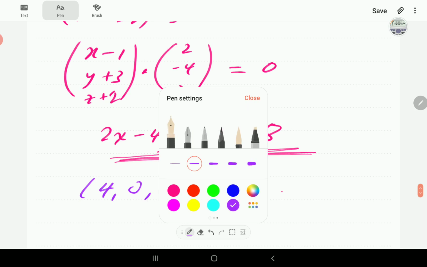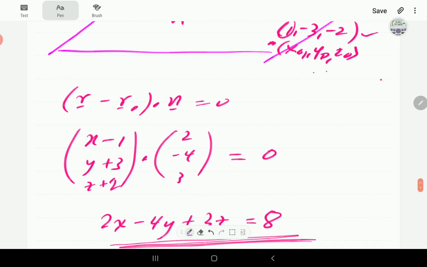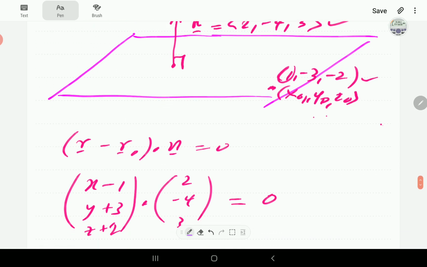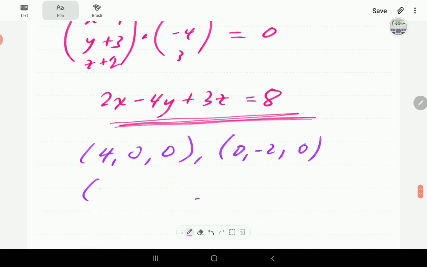Again, if we choose x to be 0, z to be 0, y is going to be -2, so we've got (0, -2, 0). So these are on the plane. Of course, the other one is the one that's given, (1, -3, -2).